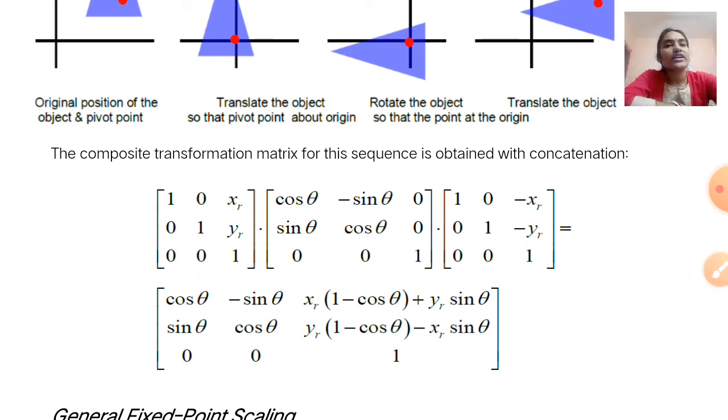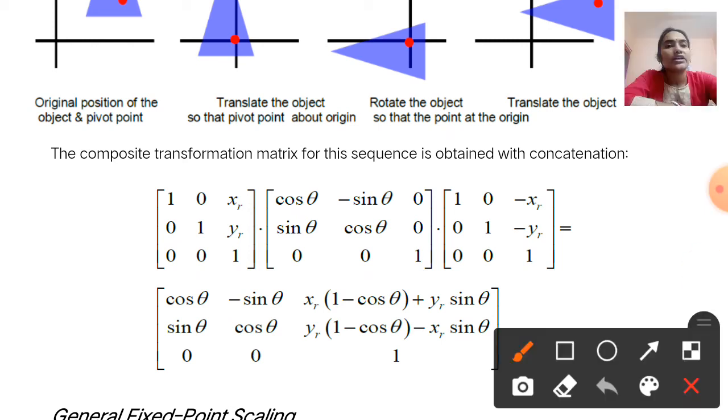So for this, the composite transformation matrix for this sequence is obtained with concatenation. That means first translate the object, then rotate the object, then reverse translate. So this one is the translation matrix, this one is the rotation matrix, this one is the reverse translation matrix.